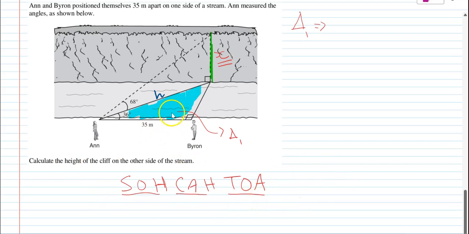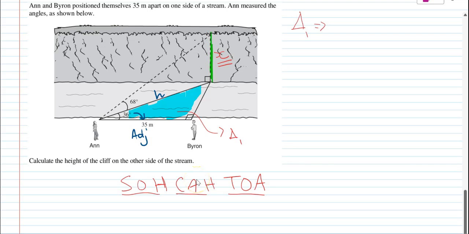You look at the diagram and say, based on the angle 36 degrees, what is it that we want and what is it that we have? Well, in this case, we have the adjacent side to that angle, and we need the hypotenuse. So which of the three ratios do we have to use? Well, we have to use cosine.